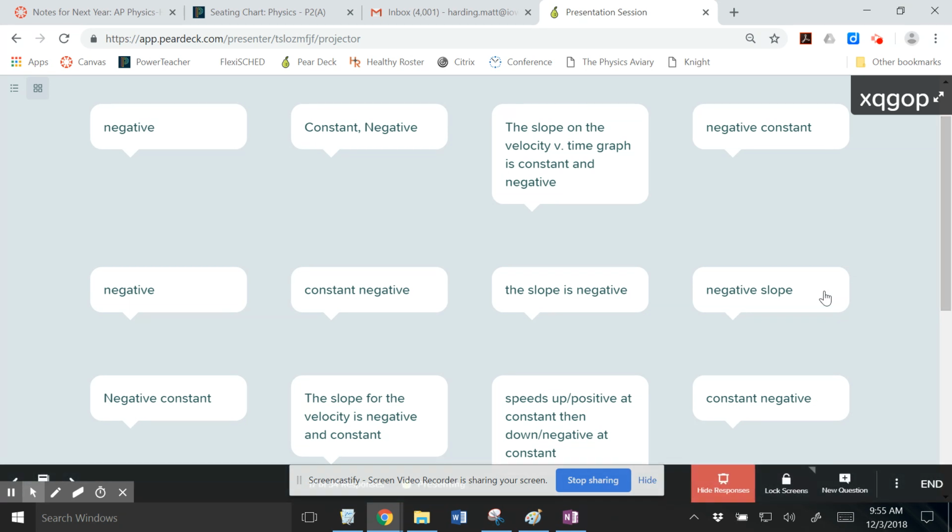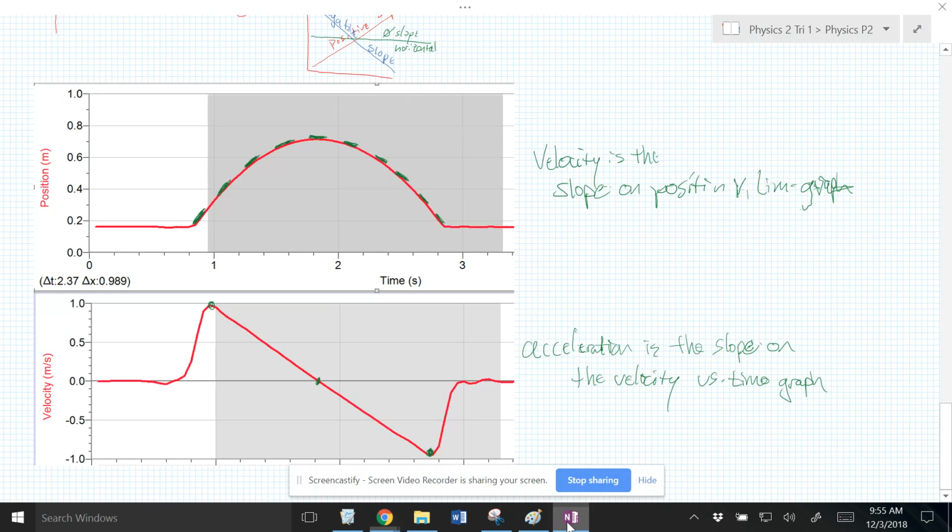So now what I'm asking you to do is apply that understanding along with this physics idea that acceleration is the slope on the velocity versus time graph. So now go into your acceleration graph, and draw an acceleration graph that fits the description you just gave of the slope on the velocity versus time graph.